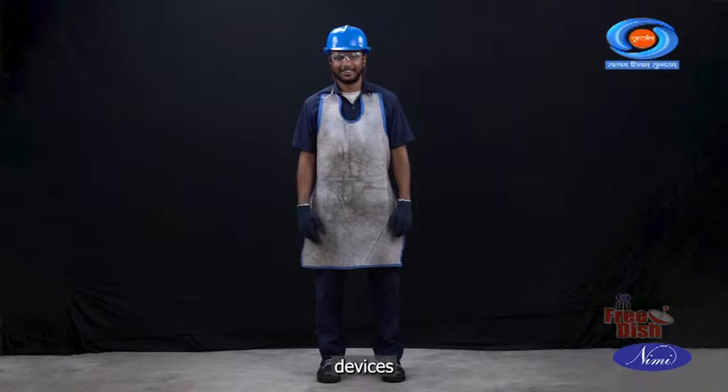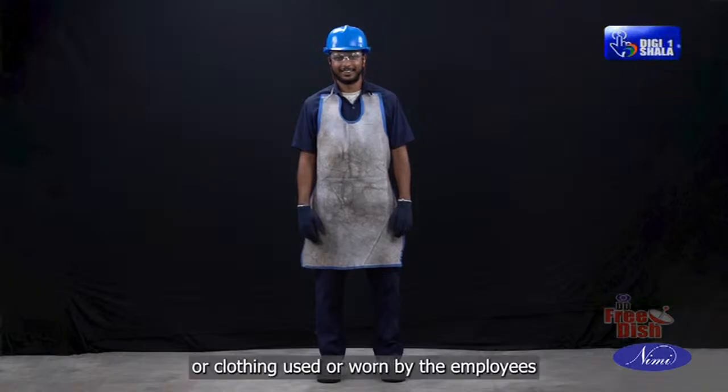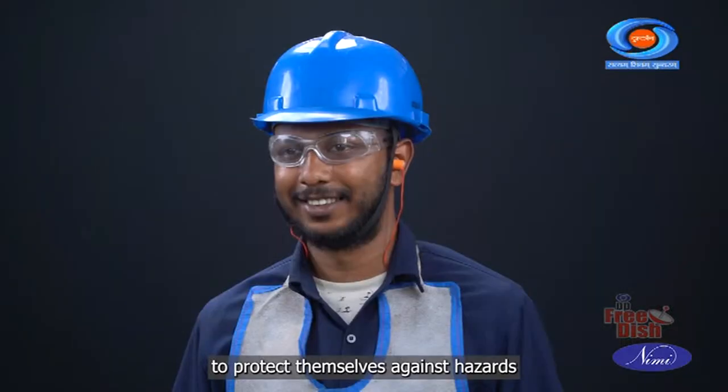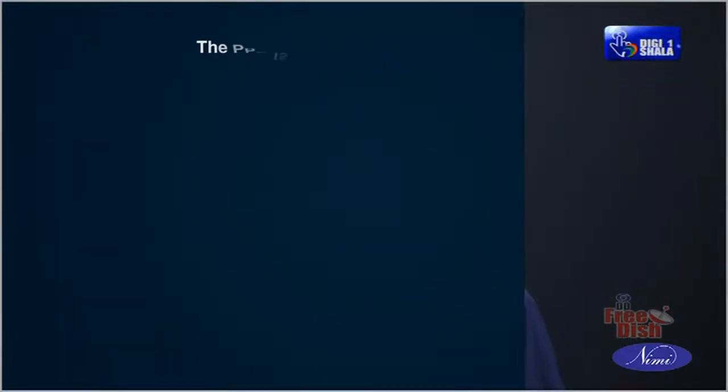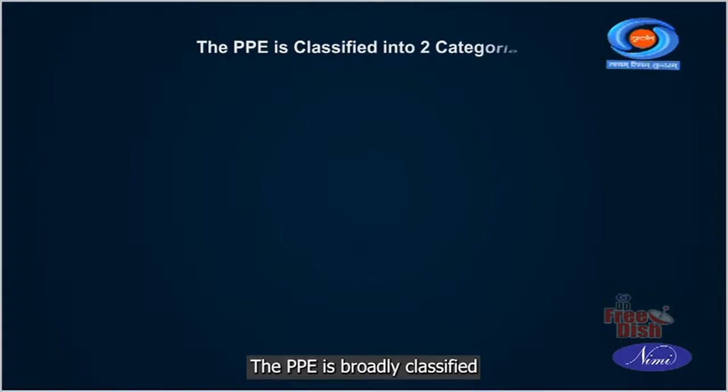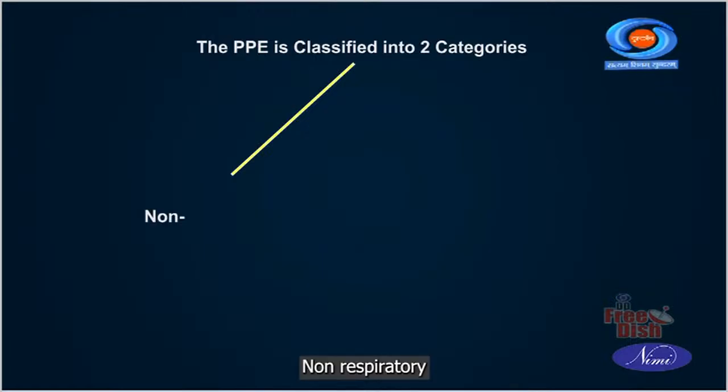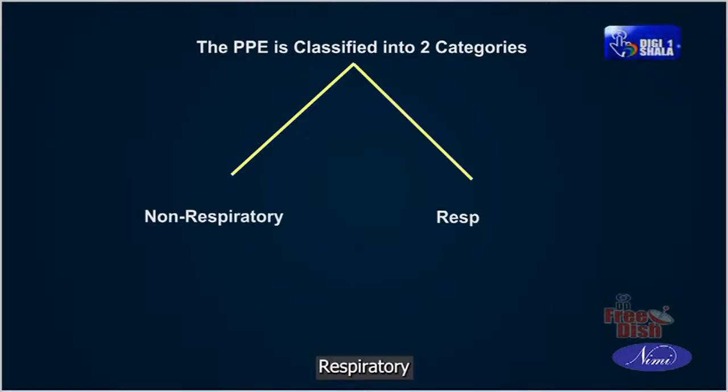They are devices, equipment, or clothing used or worn by the employees to protect themselves against hazards in the workplace. The PPE is broadly classified into two categories: non-respiratory, respiratory.